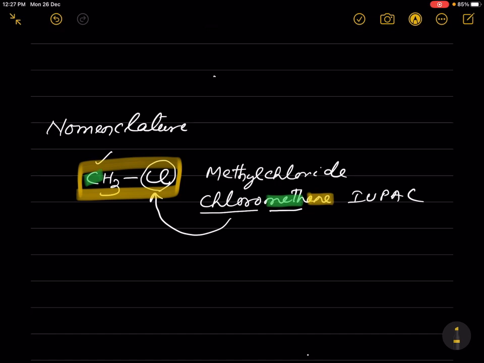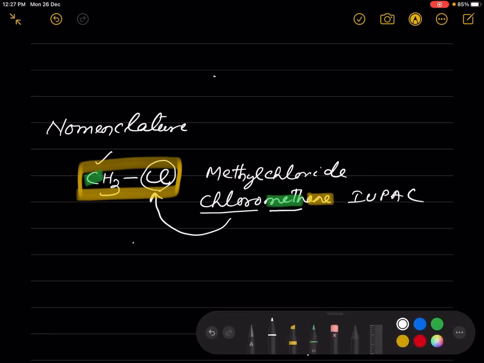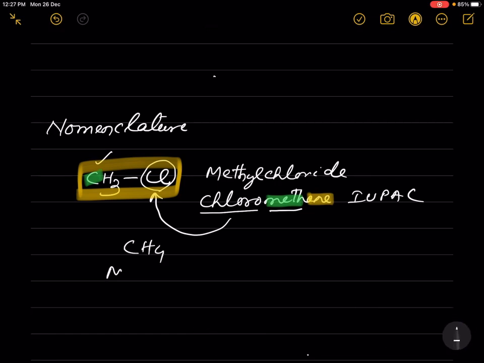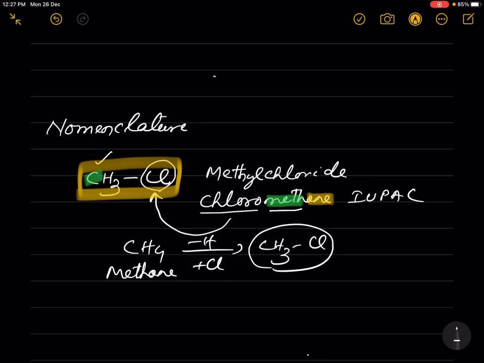Suppose this is CH4, this is methane, and you remove one H atom and substitute one chlorine atom, then you will get CH3Cl. This is chloromethane. Chloro for this atom, and meth means one carbon atom, ane means it is the derivative of alkane.